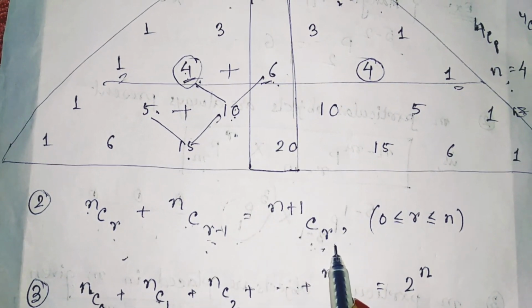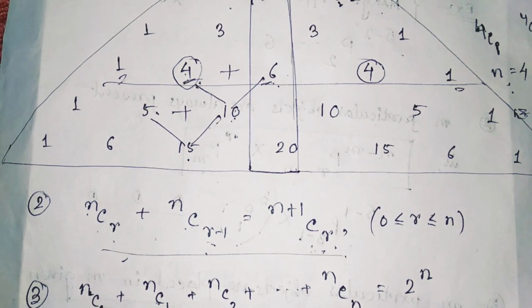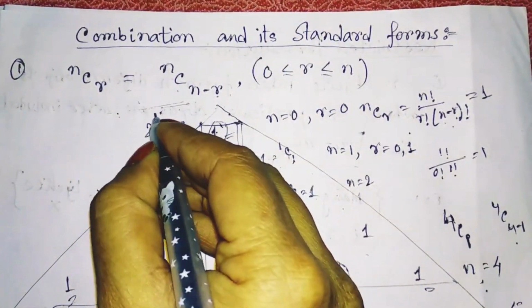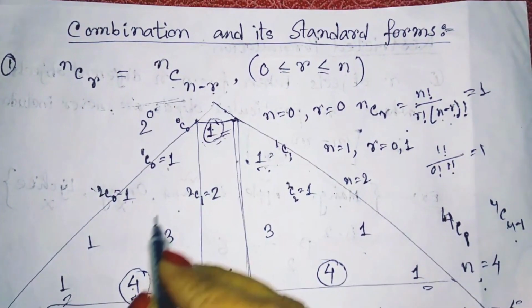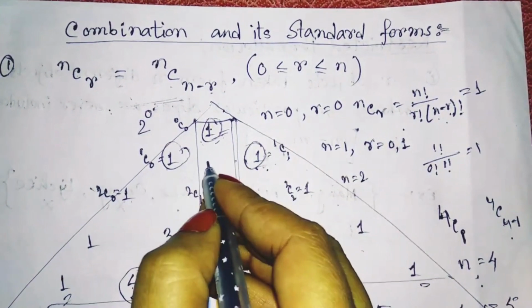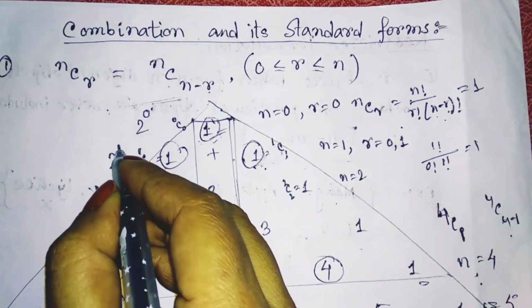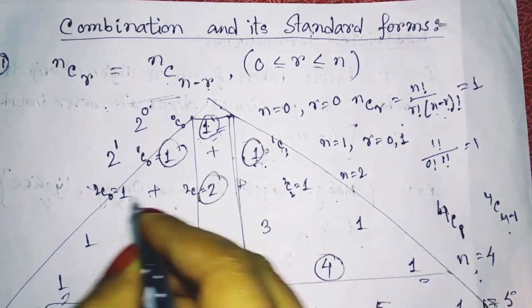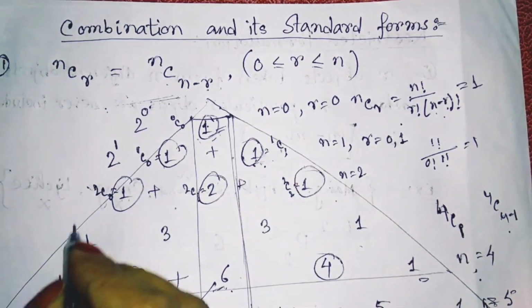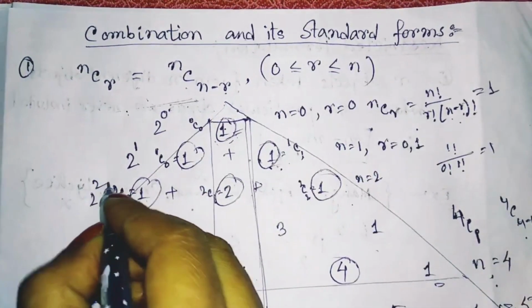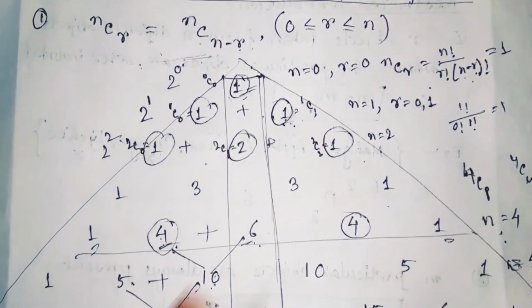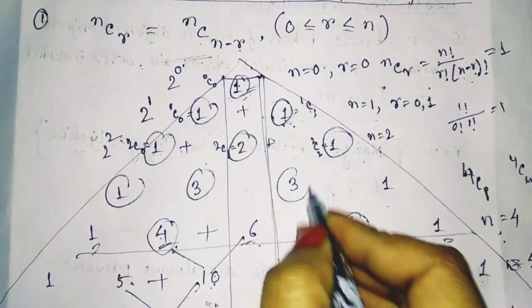Now one very important thing which I can disclose is that 1 we can write as 2 to the power of 0. Then 1 plus 1, that is 2. We can write this one as 2 to the power 1. Next it is 1, 2 and 1, which we can write as 2 to the power of 2. So look, 2 to the power 2 is 4 and 1 plus 2 plus 1 is 4. Next one is 1, 3, 3 and 1.